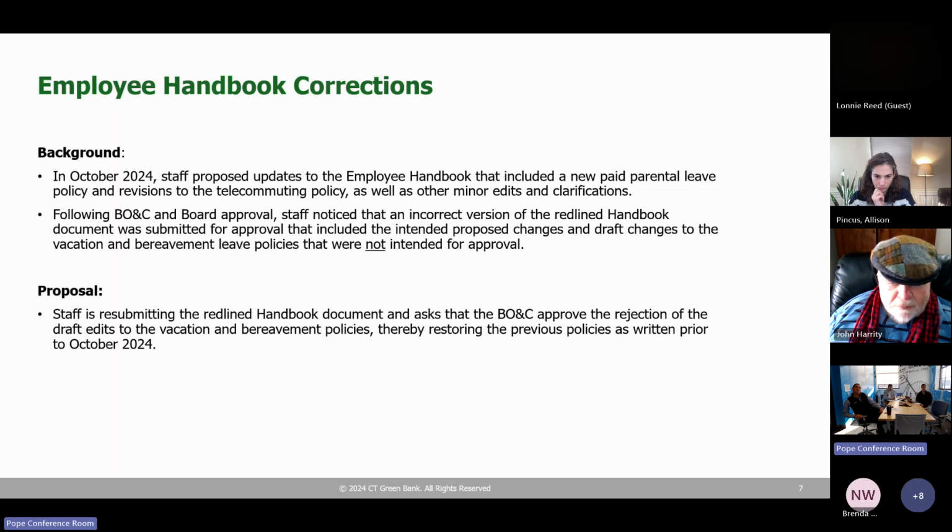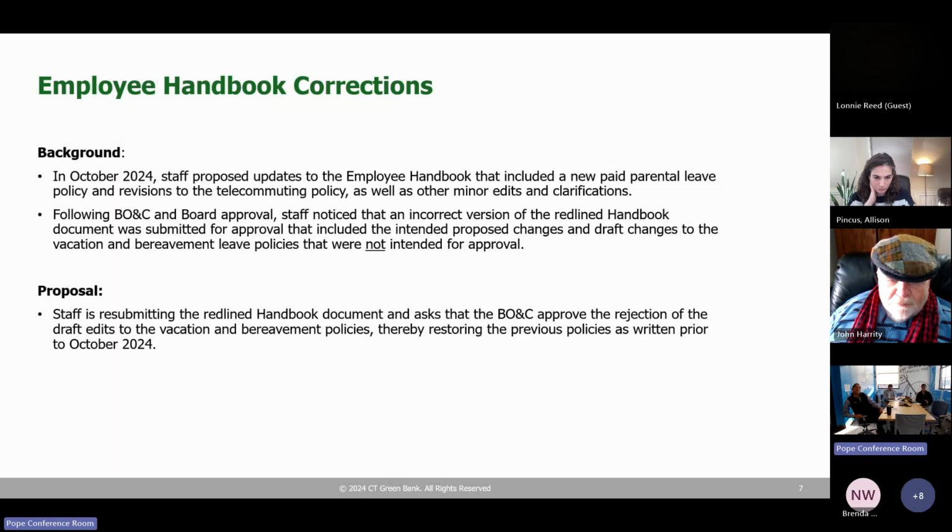But after the board meeting, I realized that a version of the red line handbook that was included had some proposed changes to our vacation and bereavement leave policies that were not intended for committee or board approval. So the request today is just a cleanup on that to reject those changes and revert back to our longstanding vacation and bereavement policies.